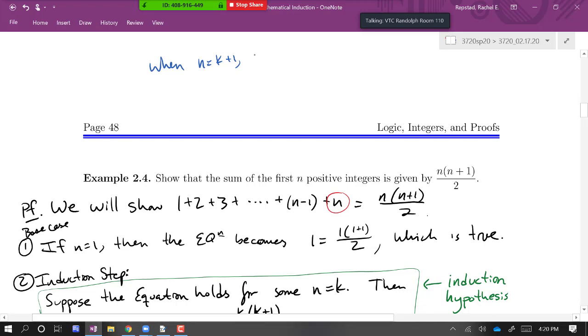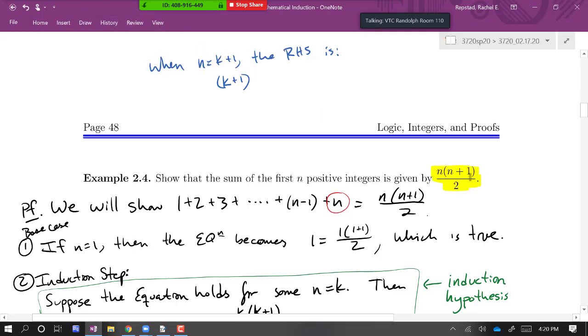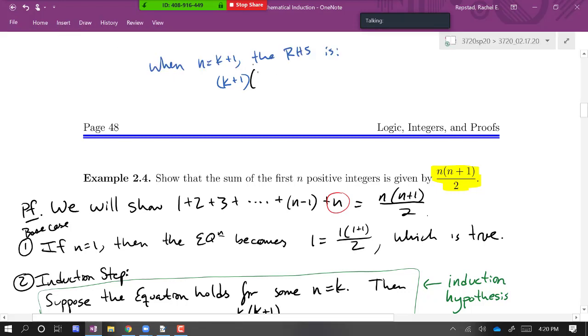So when n is k plus 1, the right-hand side is (k plus 1)(k plus 2) over 2. I'm taking this fraction here and just replacing n with k plus 1.